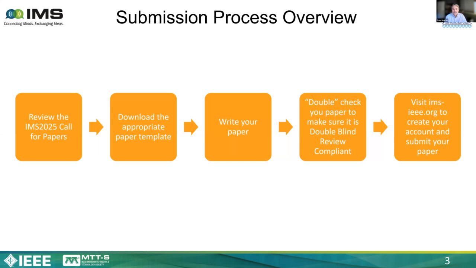And then you write your paper following within that template. And then you really want to make sure that you double check your paper for double-blind review compliance. And we'll talk more about that a little bit later. And then you visit IMS-IEEE.org to create your account and submit your paper.